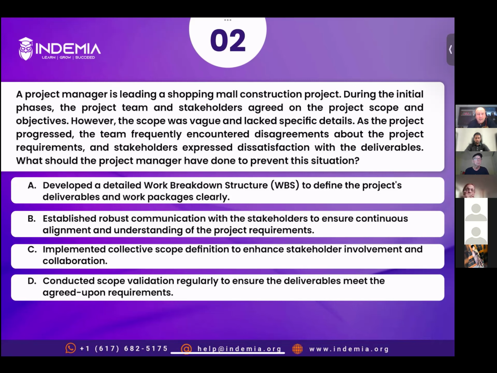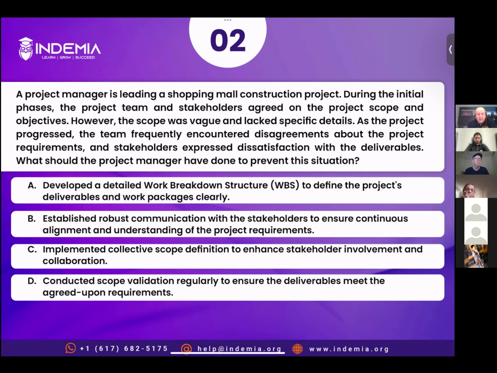So it was mostly put wrong in the collective definition, and what's expected from the team. That's why you have to change and explain it to them to enhance their involvement and collaboration. That's what I thought. All right, thank you.